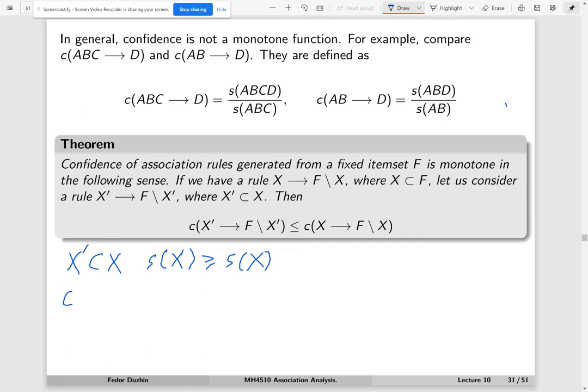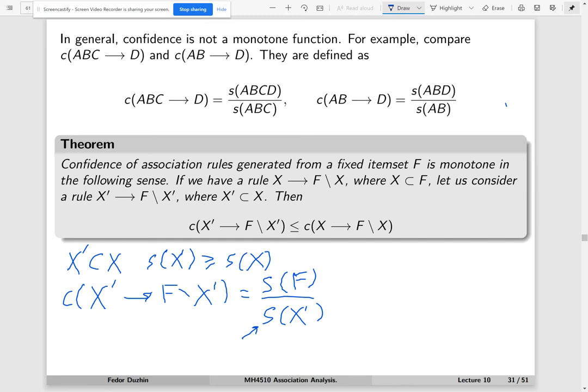Let me now find the confidence of the rule X prime implies F minus X prime. So this is going to be the support of the union, and the union is F, divided by the support of the left-hand side, which is X prime. Now look at the denominator of this fraction.